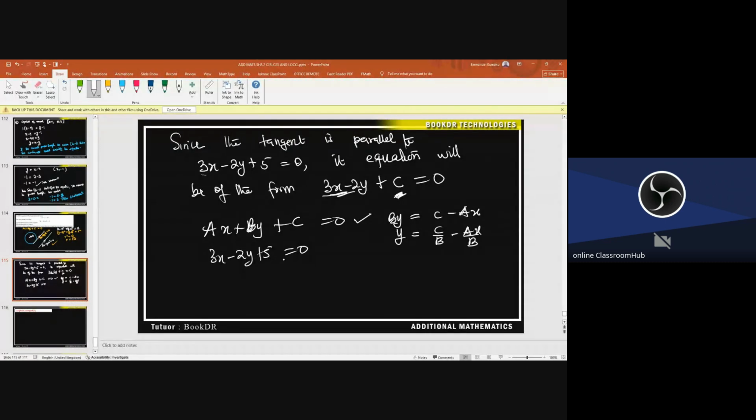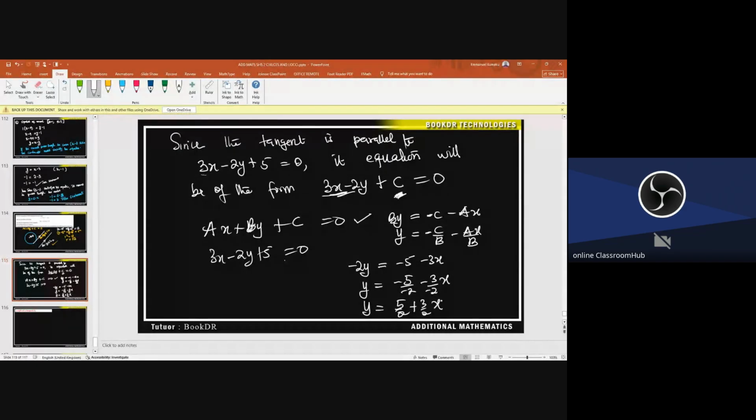Then this one too, when we want to write it in the gradient intercept form, the minus 2y will be equal to minus 5, because all of them are crossing the equal sign, then minus 3x. Then you divide through by negative 2, you have minus 5 over negative 2, then minus 3 over negative 2x, or otherwise y is equal to 5 on 2 plus 3 over 2x.